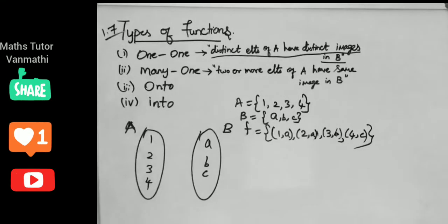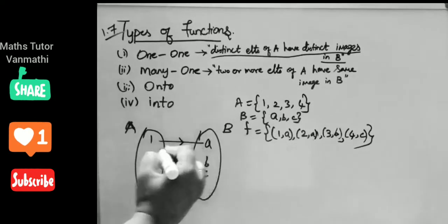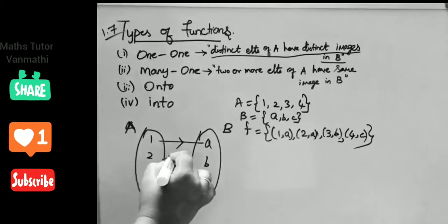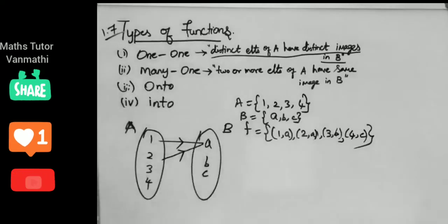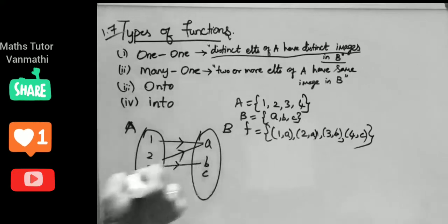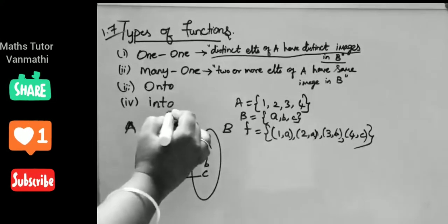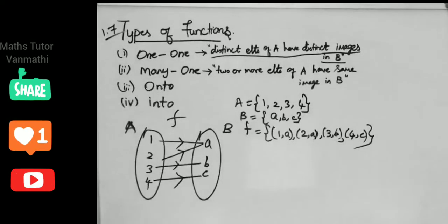Okay. Now we are going to map. First is your (1, a), mapping from 1 to a. Second is your (2, a), mapping from 2 to a. Third is your (3, b), mapping from 3 to b. And last is your (4, c), mapping from 4 to c. This is your function. From this you can see these are the A elements and these are the B elements.